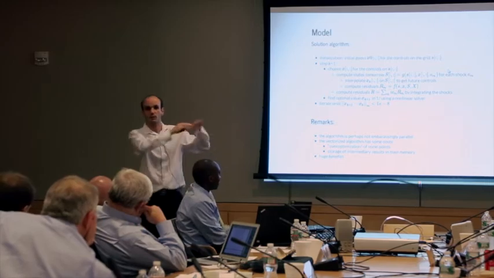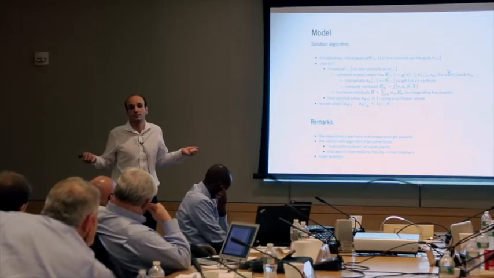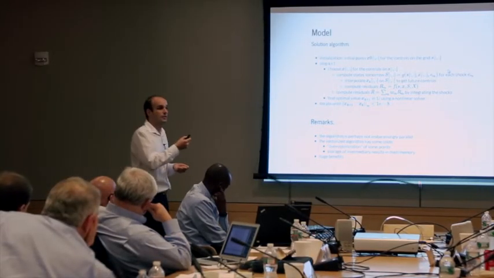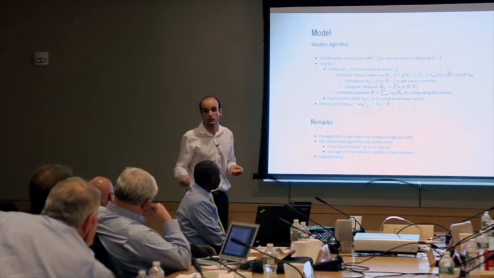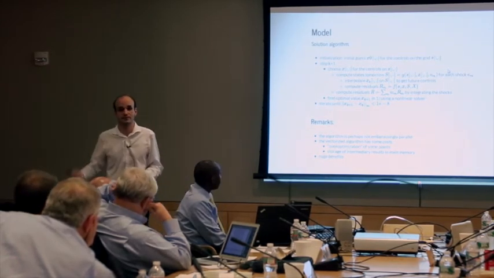This big amount of memory is the former guess for the controls tomorrow. So that's a problem that you have to solve for any parallel algorithm: how you distribute this common information between all these small workers, or kernels, or tasks.